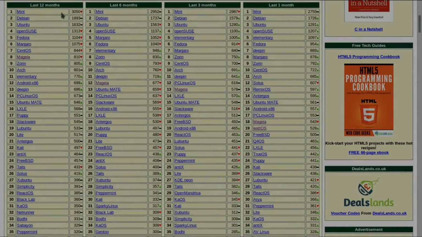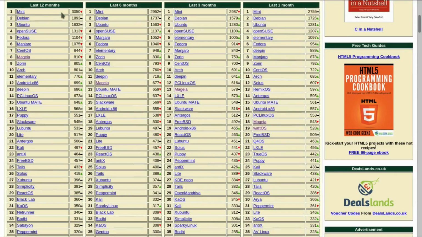For instance, Linux Mint with 3050, Debian with 1893, etc. Consider that Linux Mint includes the Cinnamon, Mate, XFCE, and KDE desktops. So basically, we're not comparing apples and apples. And the assertion that Linux Mint is the most popular Linux distribution based on Distrowatch page hit rankings is pure nonsense. Ubuntu is.